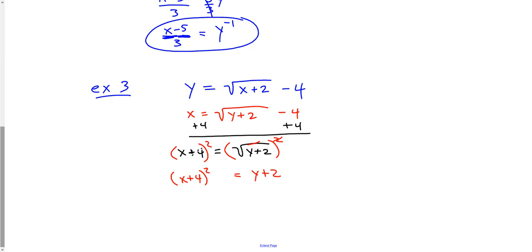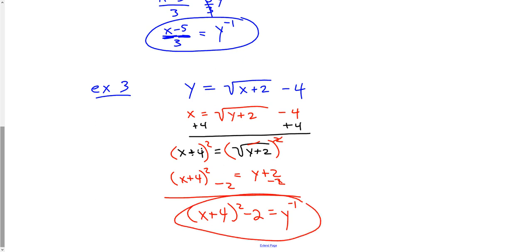We could just leave it. We don't have to FOIL it. And then we want to get y by itself, so we just subtract the 2. So we end up with x plus 4 squared minus 2 equals y, and then we just put the little -1 to show it is not the original equation anymore.